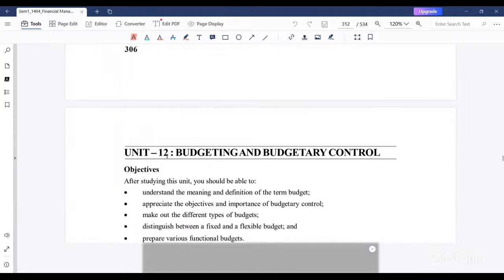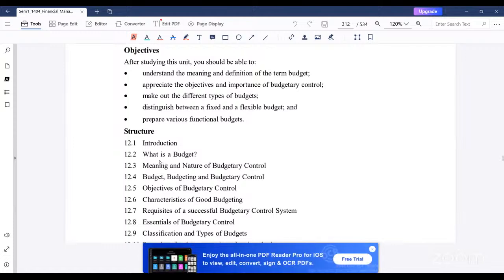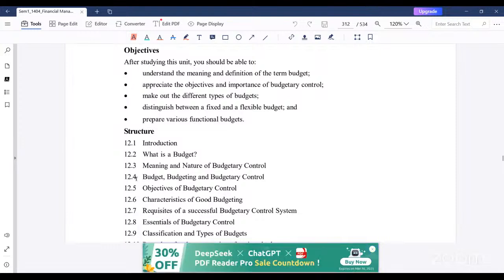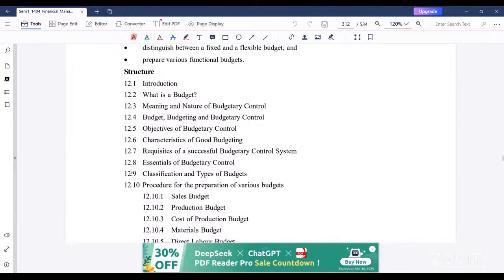The next topic is budgeting and budgetary control. Under this, we have different types of budgets.